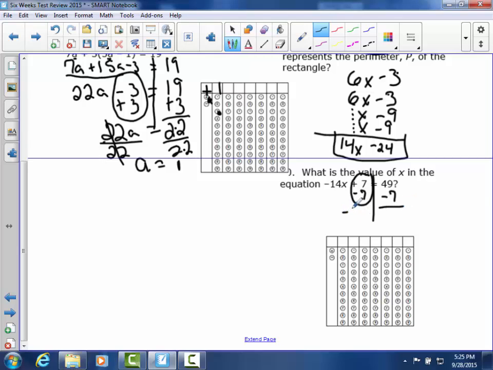So I have negative 14x equals 42. And then we divide by negative 14. So x equals negative 3. Okay, so in our grid, we put negative 3, bubble the negative, come down to the 3.